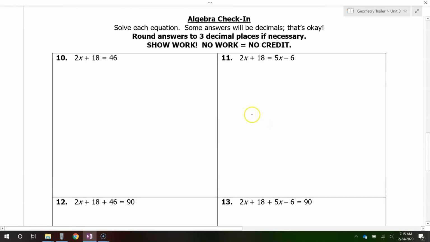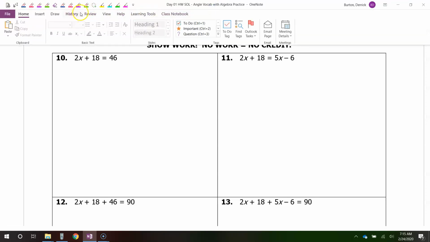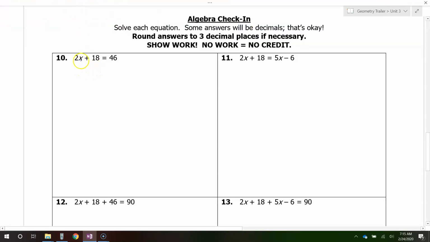All right, so that was it for the angle vocabulary. Now, let's practice our algebra skills. If you want to solve an equation like this, we're trying to get x by itself. So we need to subtract 18 from both sides first.